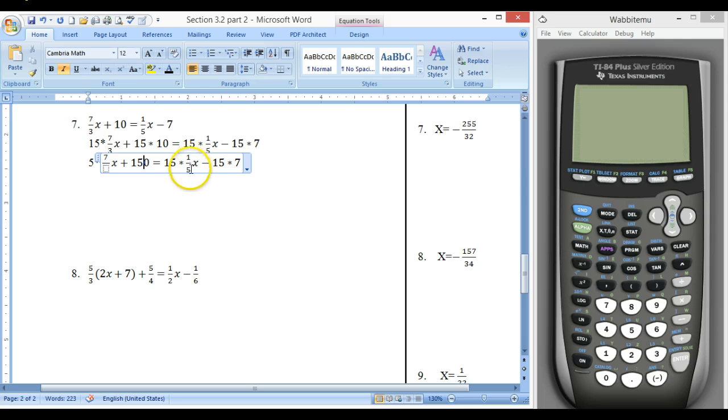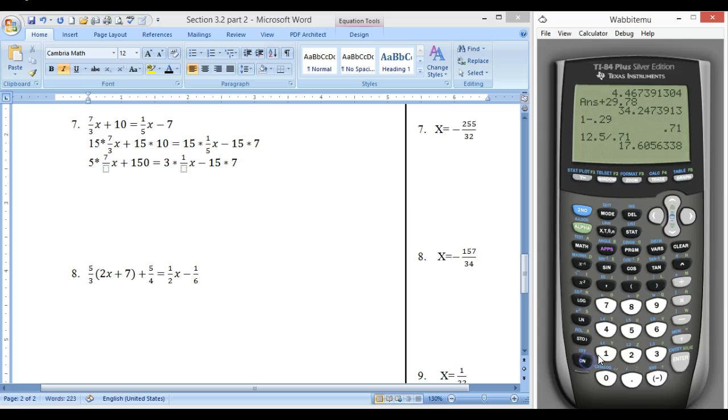Here, again, the bottom's going to cancel, which is our goal. We want to get rid of all the fractions. But here, it doesn't cancel all of it out. Dividing that by 5 leaves me with 3. And then 15 times 7, if you're not sure, just use your calculator. I'd rather you worry about working through the equation, which gives me 105.